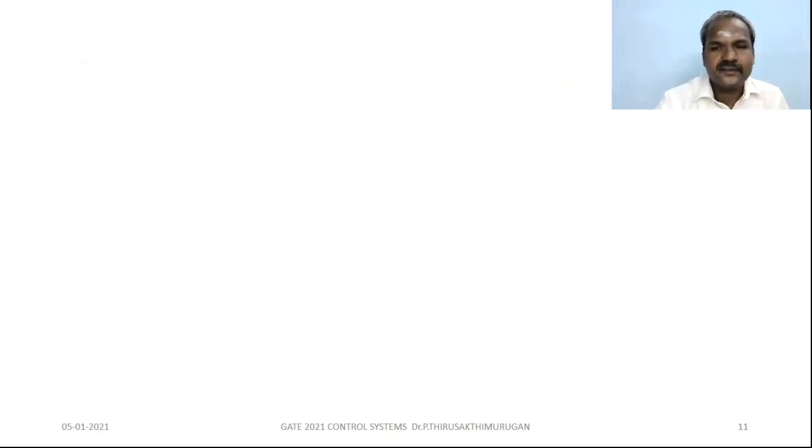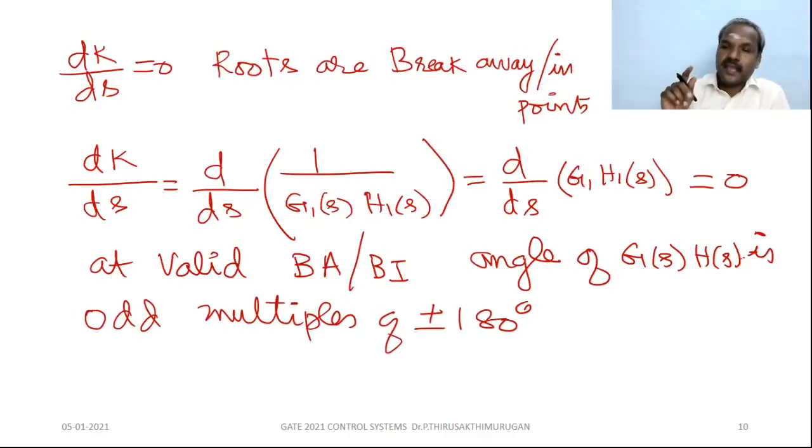Understand? So how to determine the roots of the breakaway or break-in point? By differentiating the K value on the closed loop transfer function.